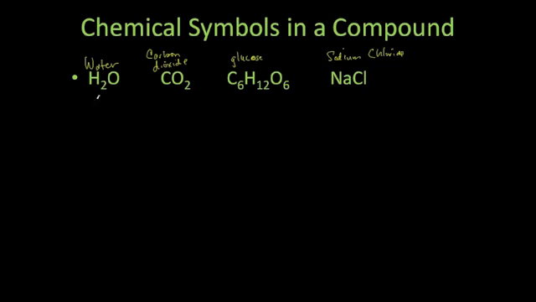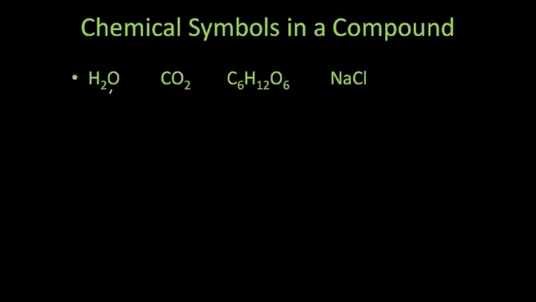Now, what is this telling us? Well, this symbol is telling us you have 2 hydrogen atoms. The reason I know it's 2 hydrogen atoms is because there's a subscript after the element it's representing. A subscript is just a small number that's written slightly below the element symbol.